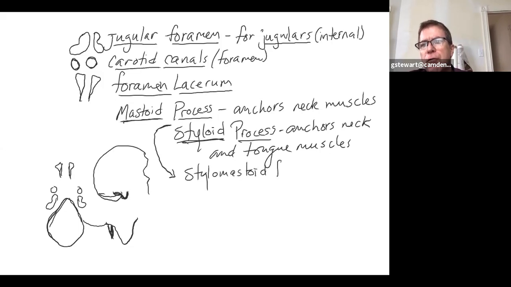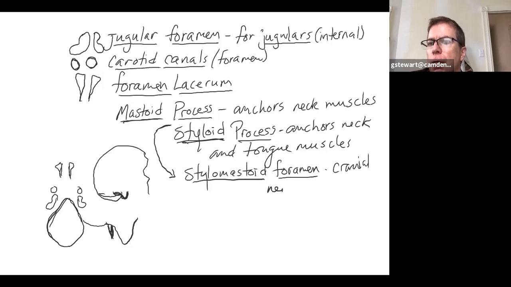Remember, foramen means hole, and you guessed it, it's going to have nerves and or vessels going through it. This one in particular allows cranial nerve number 7 to go through. That's actually a facial nerve that innervates a lot of the side of the face.